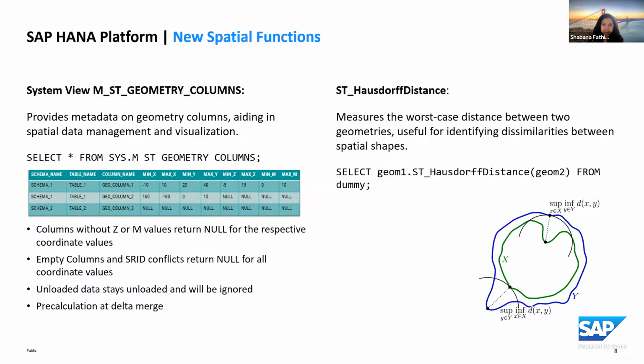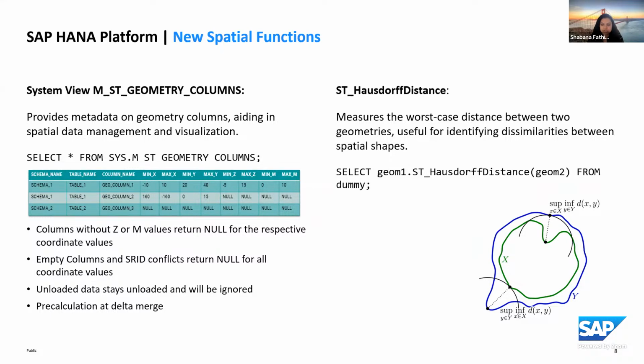Next we have the st_Hausdorff distance function, which gives the worst case distance between two geometries. This function is helpful for comparing shapes to identify dissimilarities. For example, if you're tracking changes in geographical boundaries over time, like shifts in coastline or shifts in borders, this function gives a better metric for calculating the maximum distance between two geometries, which helps in assessing how significantly one shape deviates from the other.